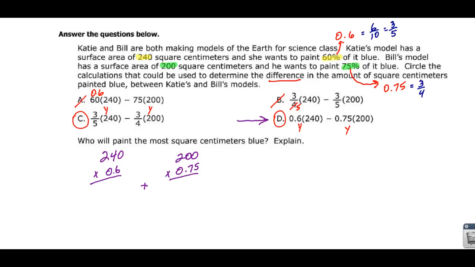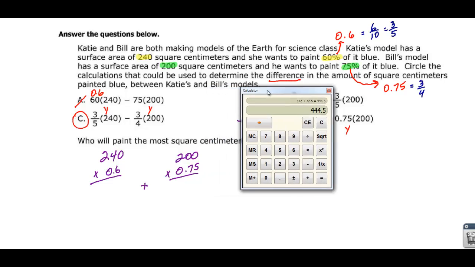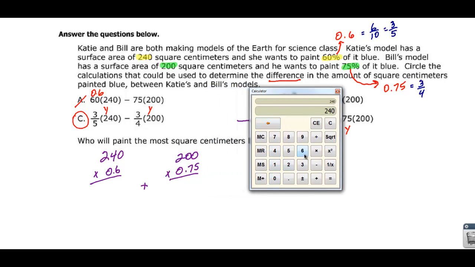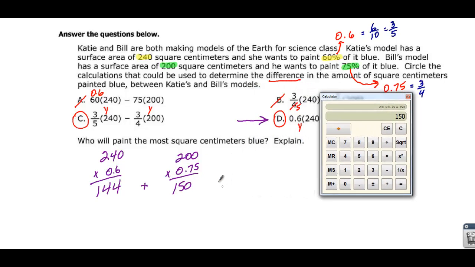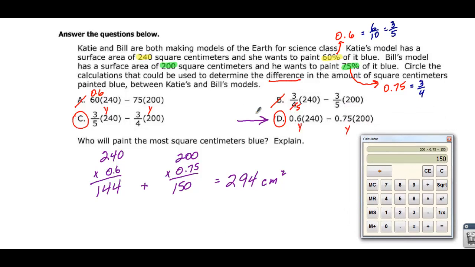Let's go ahead and get our calculator out and do that math. 240 times 0.6, that is 144. 200 times 0.75, that is 150. And together, those equal 294 square centimeters.